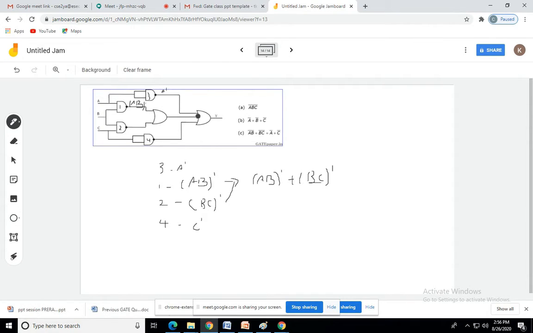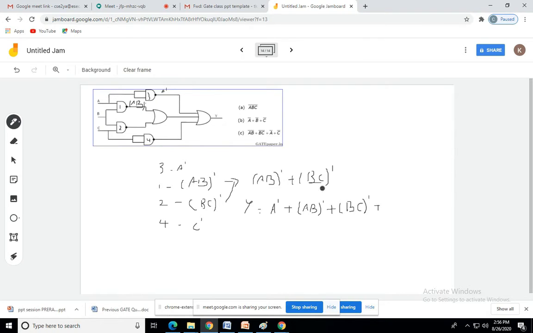Okay, so this goes as input, and the final output Y is equal to A dash plus, and the second input line is the output of the first OR gate, so it is AB whole dash plus BC whole dash.